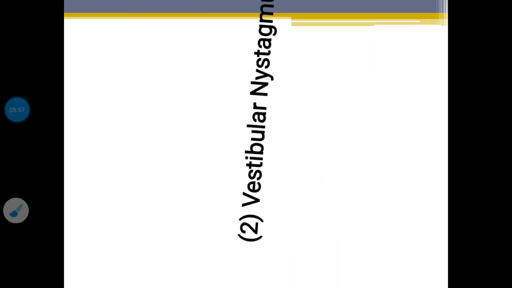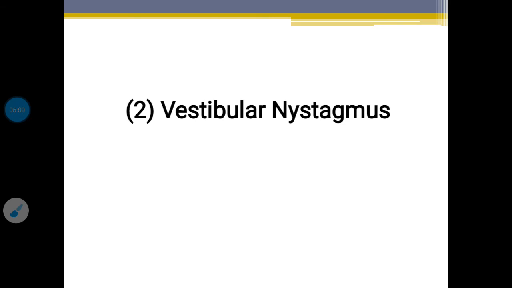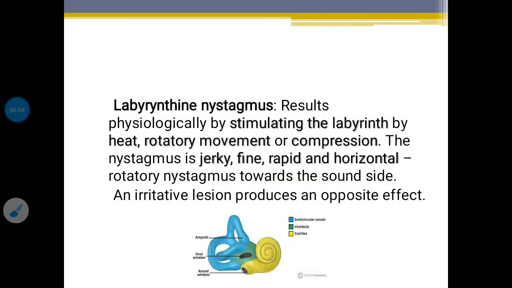Now the second group of nystagmus is vestibular. Under the vestibular cause, the nystagmus is labyrinthine nystagmus. Whenever a physiologically induced nystagmus is produced by stimulating the labyrinth by heat, rotatory movement or compression, this type of nystagmus will occur.